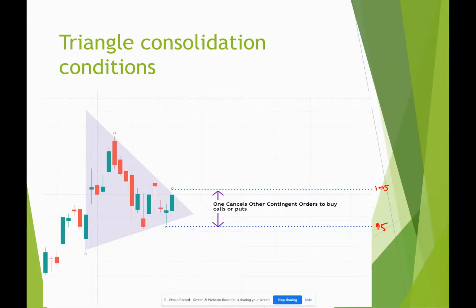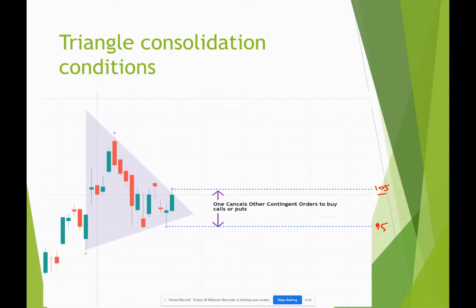So what one cancels other does is your contingent order will go in to buy the call at the market. It's going to be a market order. That market order is released to the market if the stock reaches 105 or whatever the price is. You're also going to have a second order that buys a put.